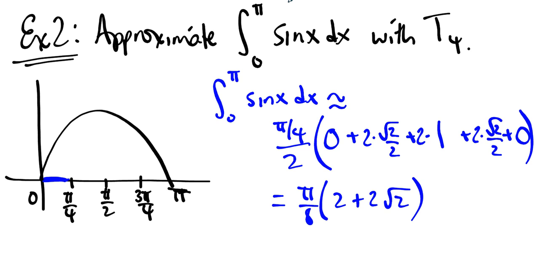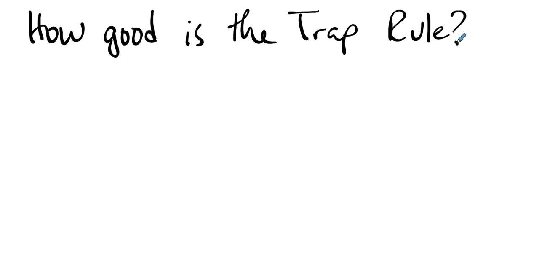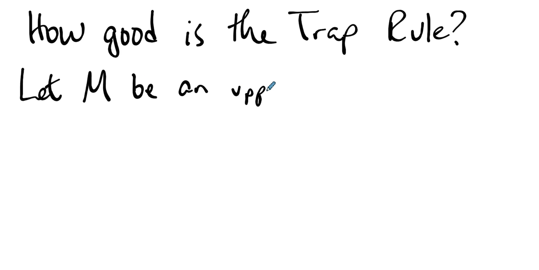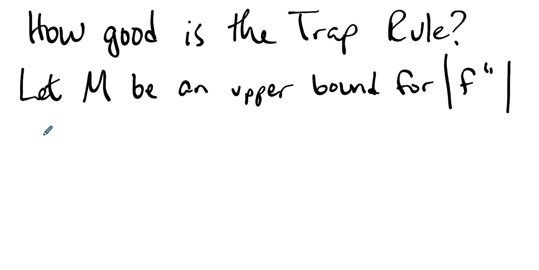It's pretty close. So one might wonder, how good is the trapezoidal rule? Like, how good is it really? And here's how we know how good it is. Let capital M be an upper bound for the absolute value of f double prime on [a, b].